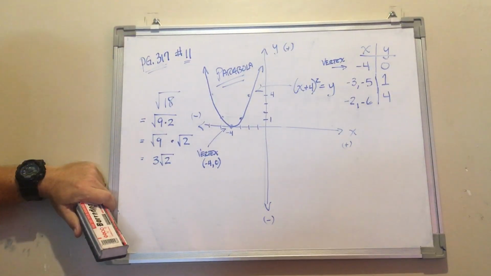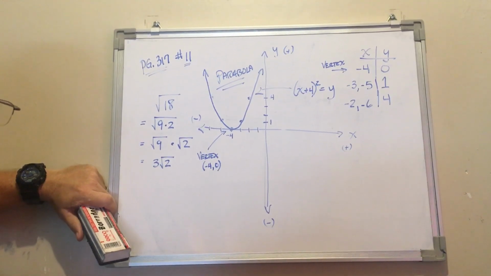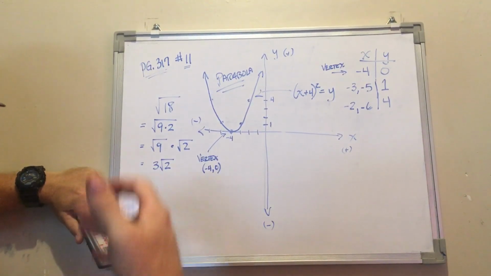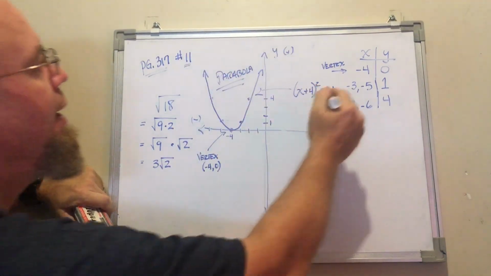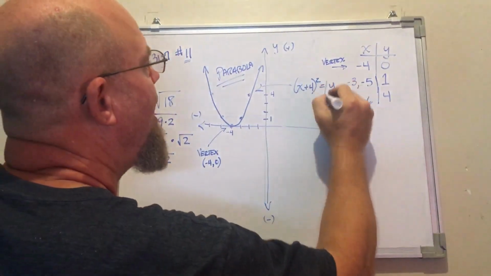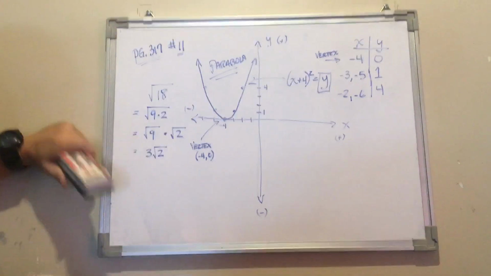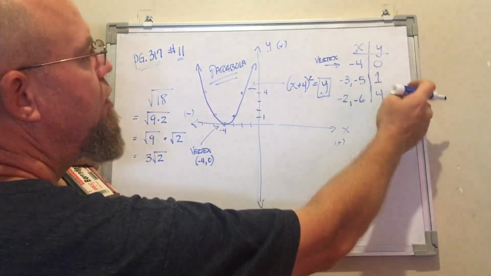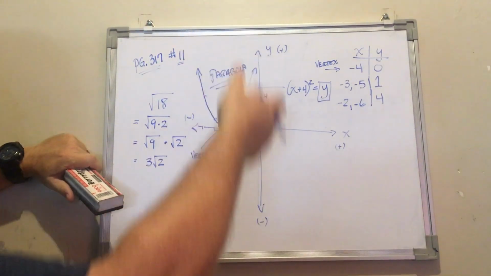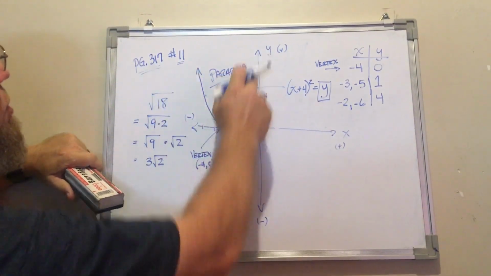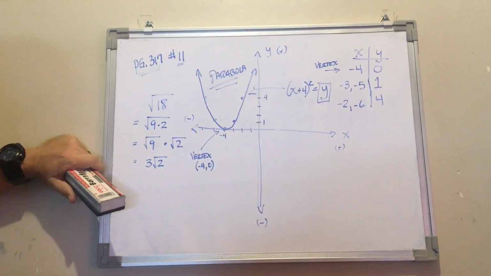Right? So on your book, those examples, you just set it up to y. So it's x plus 4 squared equals y. The book gives you y equals 18, but we don't have to use the 18. We can use 0, we can use 1, we can use 4, we can use 9, 16. Those are all those perfect squares to be able to graph that parabola.